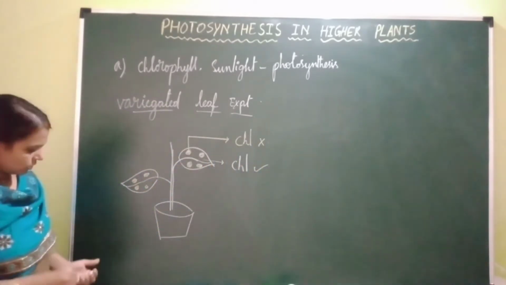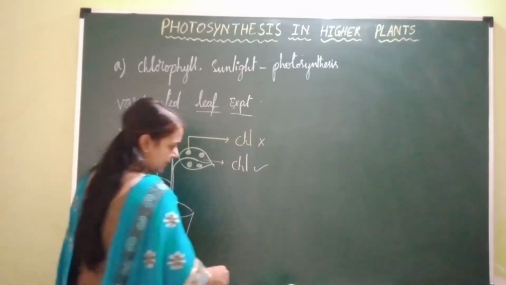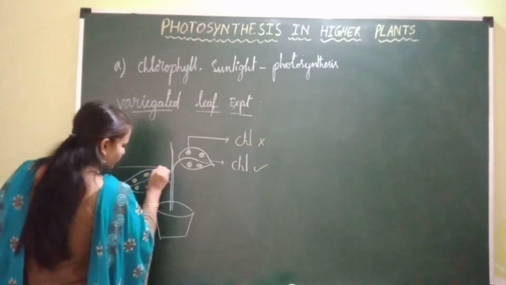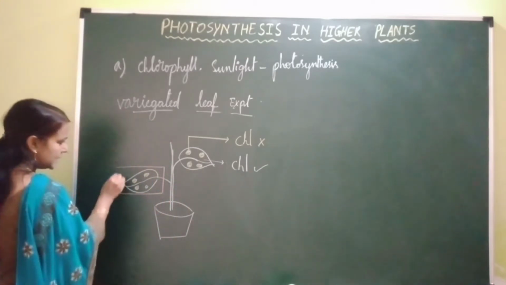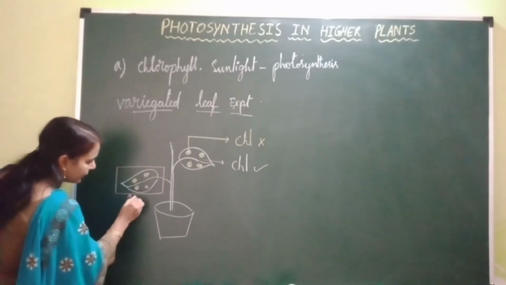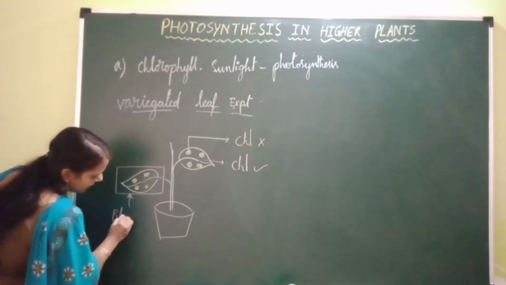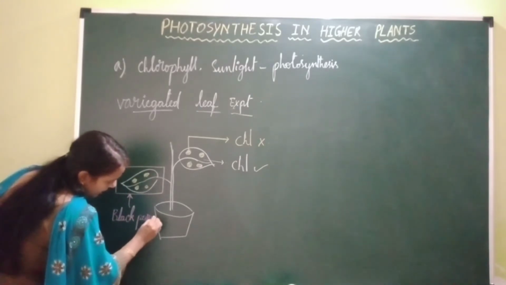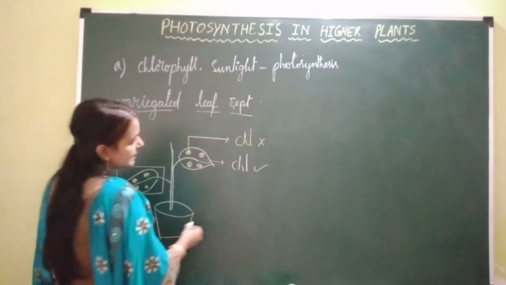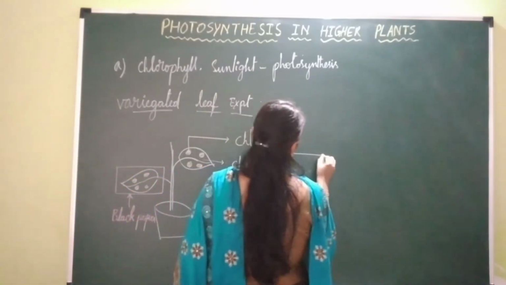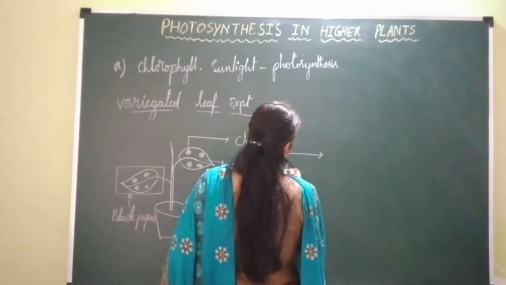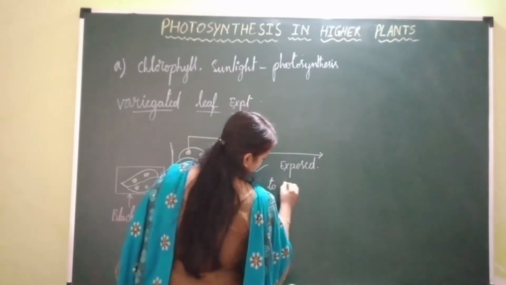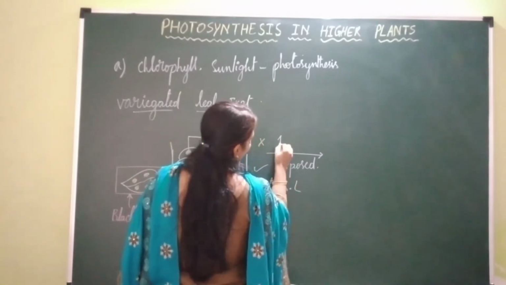Right. So after taking this potted plant with variegated leaves, one of its leaves is covered with a black paper. After it is covered with black paper, this potted plant is exposed to sunlight for 1 to 2 hours.